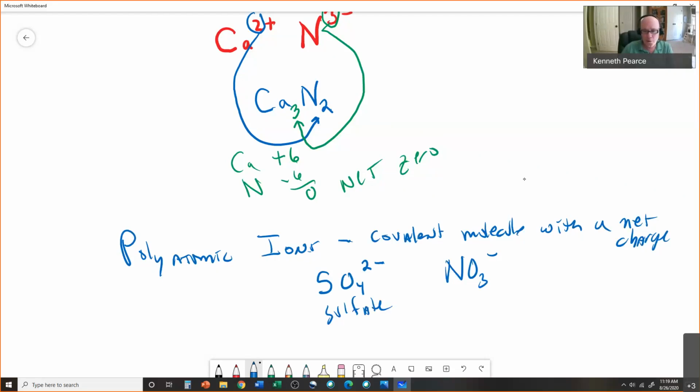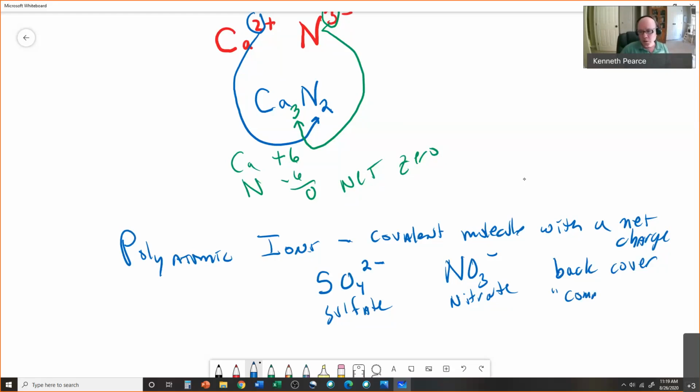More on naming this stuff later, but just to introduce you to the idea of polyatomic ions, we have things like SO4 2 minus and NO3 minus, and they are on the back cover of your book, or at least they should be in the new edition, under common ions.